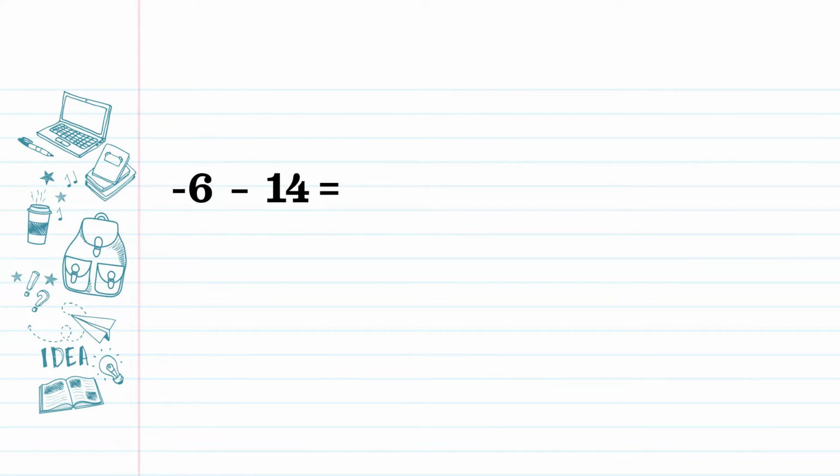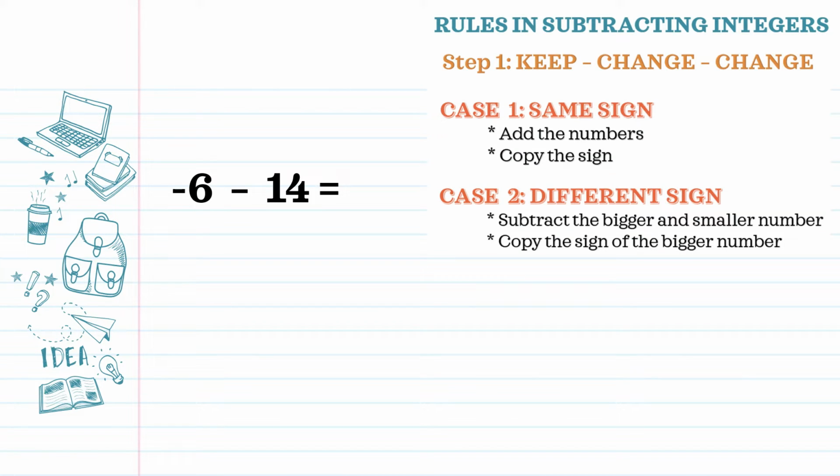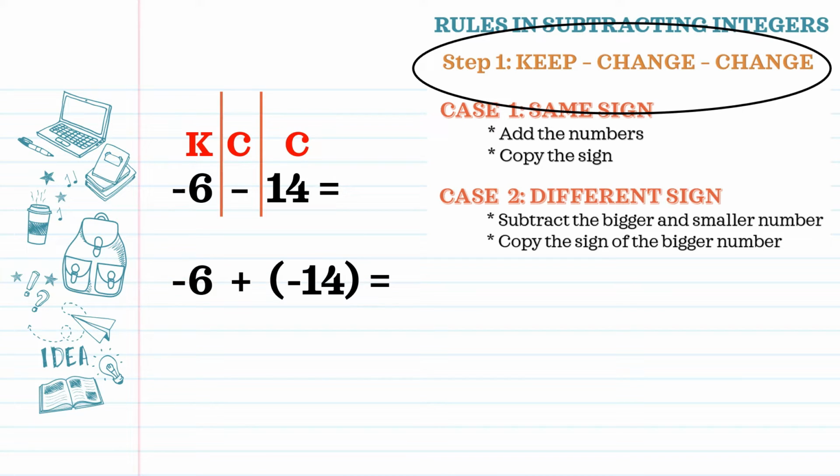Next example is negative 6 minus 14, or negative 6 minus positive 14. Let's do first the initial step. Keep, change, and change. Keep negative 6. Change subtraction to addition. And then change positive 14 to negative 14.